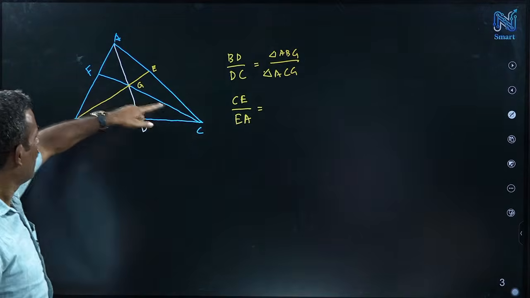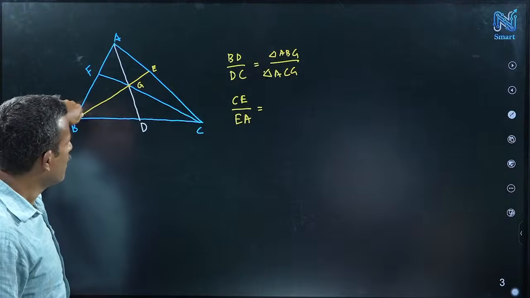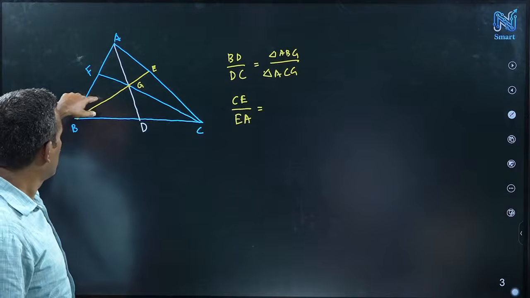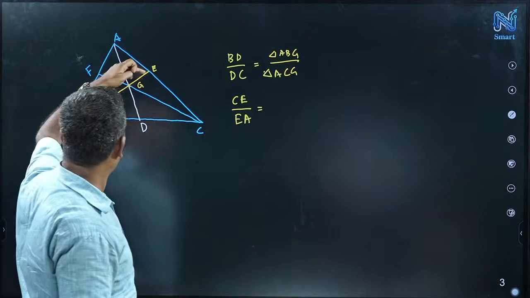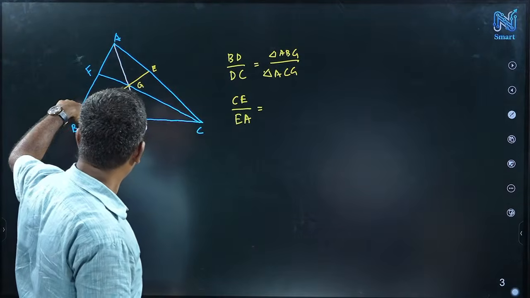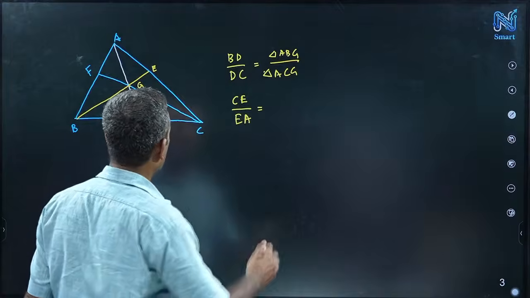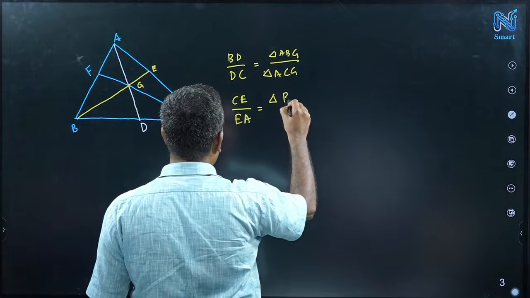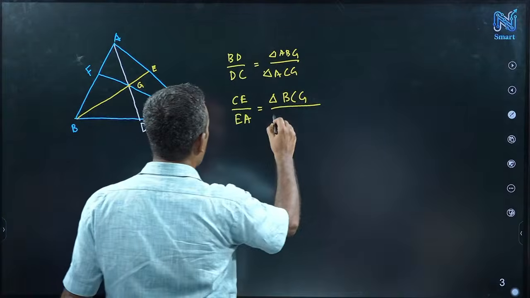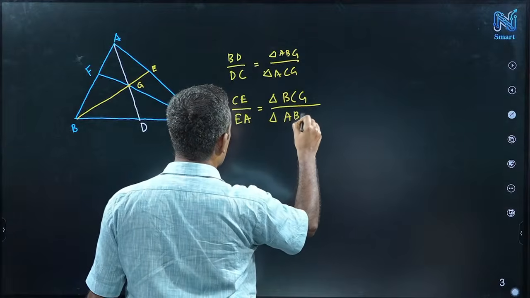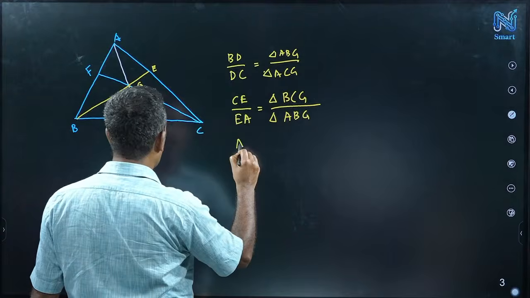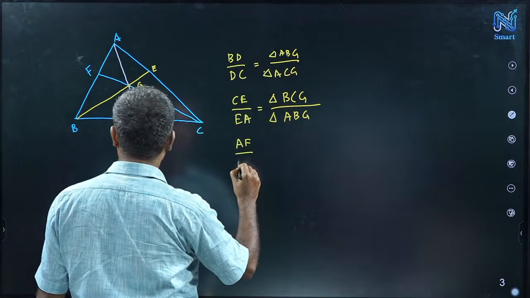It is the area of BCG divided by the area of ABG. Now the last thing, AF divided by FB.